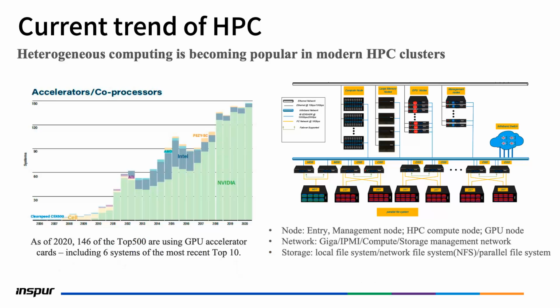In 2020, there were 146 systems using GPU accelerators, including 6 of the top 10 systems. As GPUs are widely used for AI applications, it also creates a possibility for the integration of HPC and machine learning.